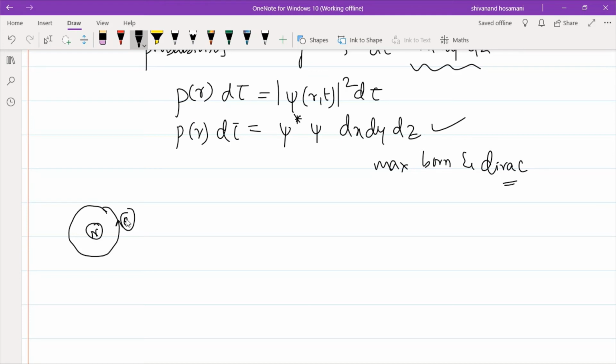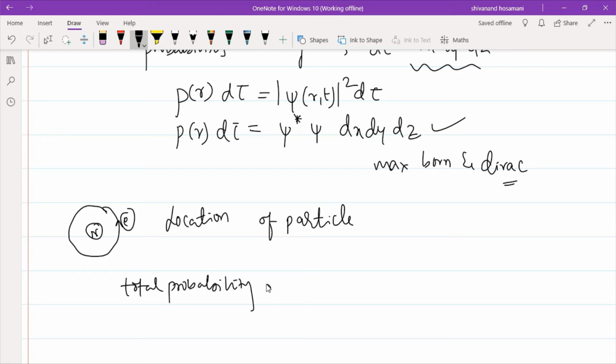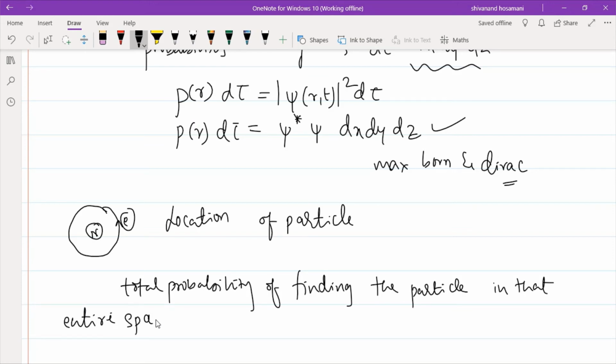In such cases, the location or position of the particle is assumed fixed, that the electron will exist in that particular region only, but the total probability of finding the particle in that entire space is unity.